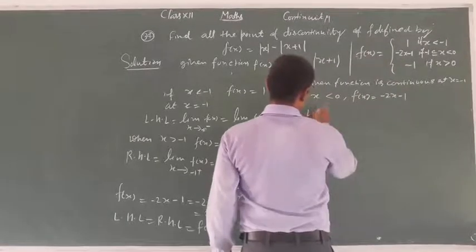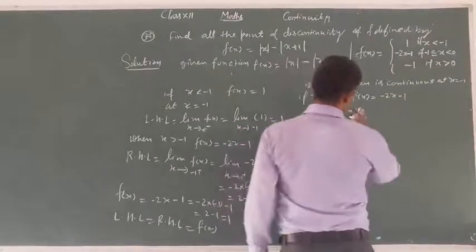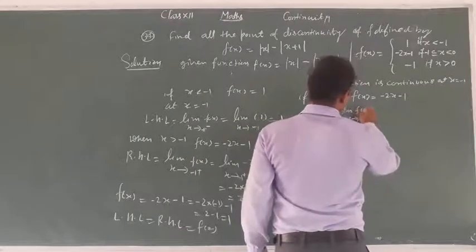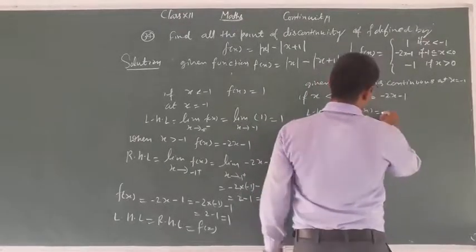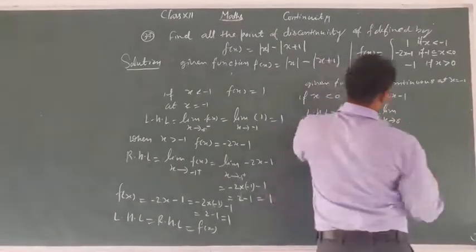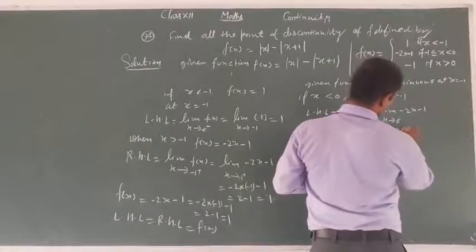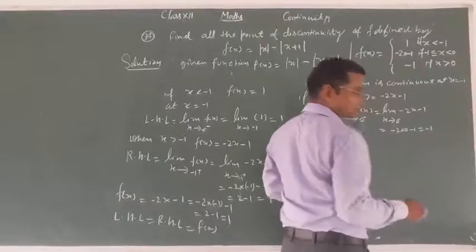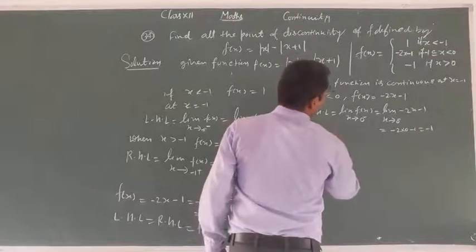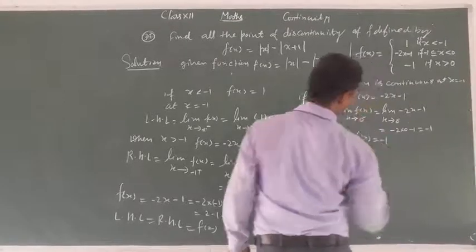Now the left hand limit is the limit x tends to 0 from the left of f(x), which is minus 2 into 0 minus 1 is equal to minus 1. And also when x greater than 0, f(x) is equal to minus 1.